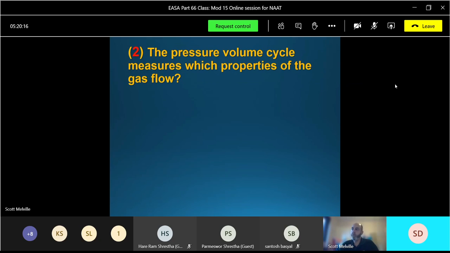2, the pressure volume cycle measures which properties of gas flow? And this is the hardest thing, not seeing the answers. So the pressure volume cycle, also remember the PV diagram, remember that one? Sometimes the clue is in the question.